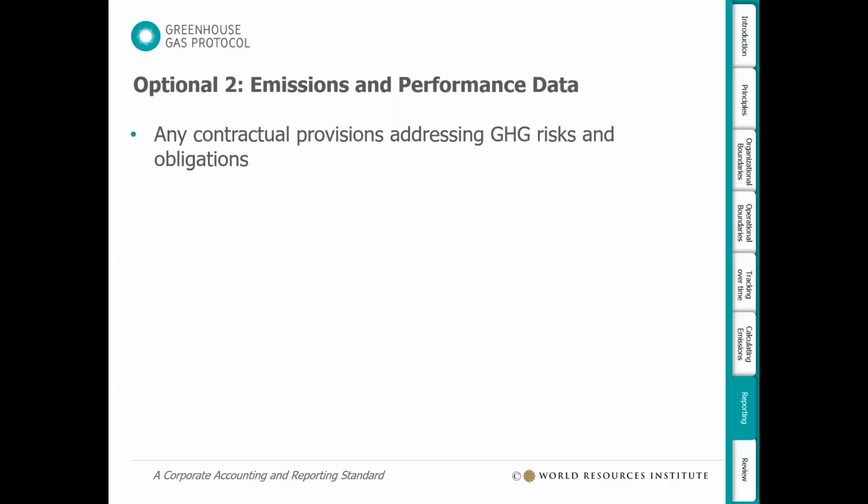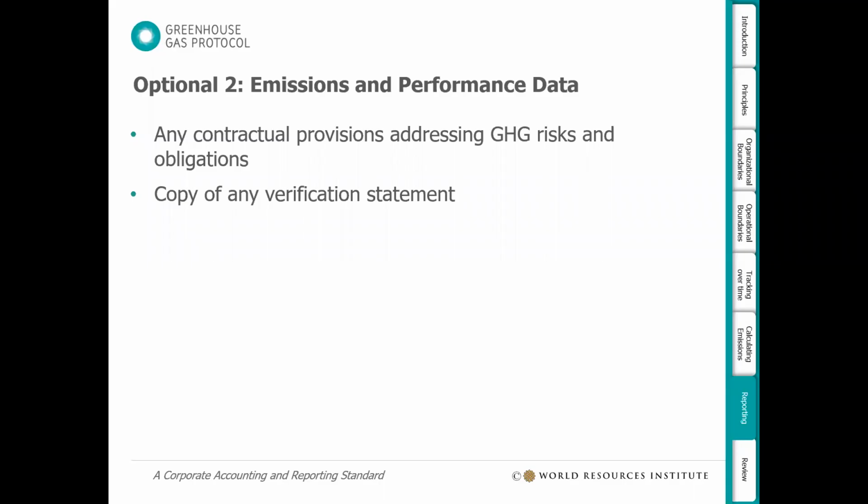So, for example, as we discussed previously, a company may participate in a joint venture, but under the terms of that agreement, it may have to report all 100% of the emissions from that venture. So in that case, it would be useful to mention that contractual provision in the inventory.